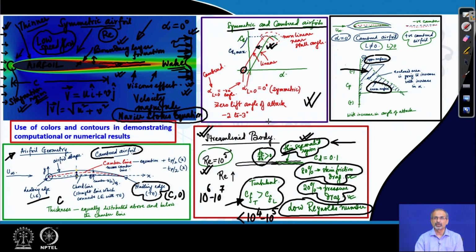And as you take it to larger angles of attack, the area increases. So, those features would become apparent at larger angles of attack. Of course, for a cambered airfoil, even at alpha equal to 0 degree, you would find that the upper and lower surface pressures are not the same. Therefore, it generates some lift at alpha equal to 0 degree.